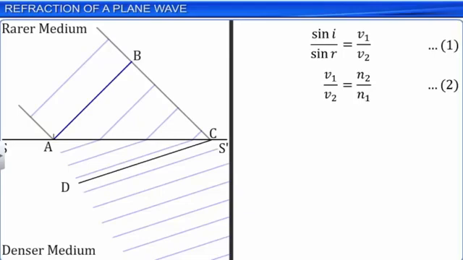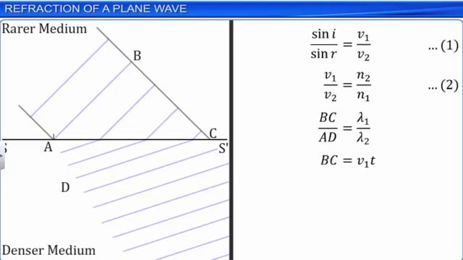As such, the number of wavefronts between B and C is equal to the number of wavefronts between A and D. Therefore, BC by AD is equal to lambda 1 by lambda 2. Since BC is equal to V1t and AD is equal to V2t, we have lambda 1 by lambda 2 is equal to V1 by V2.